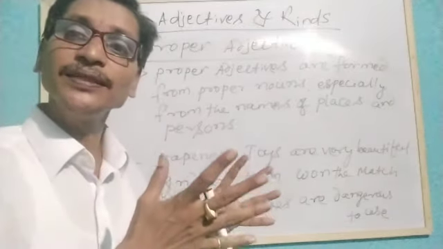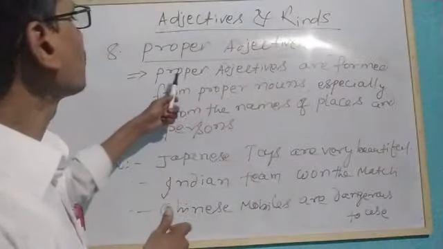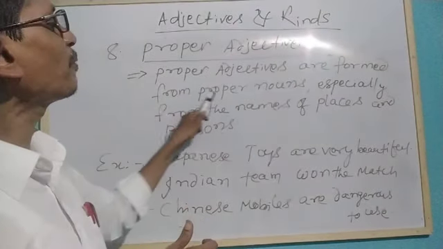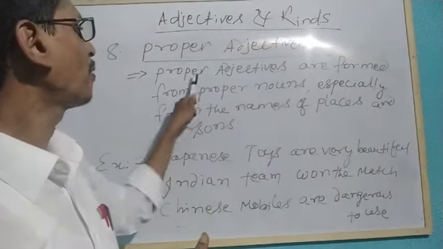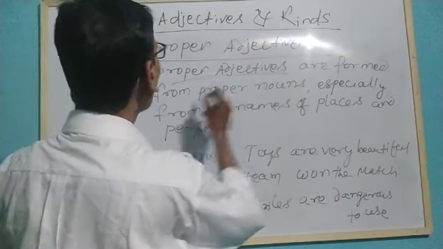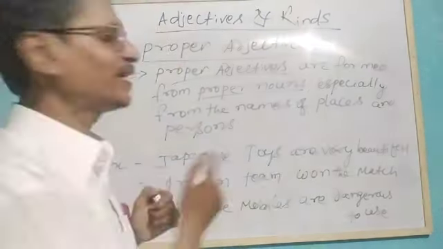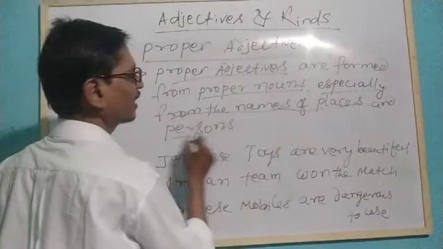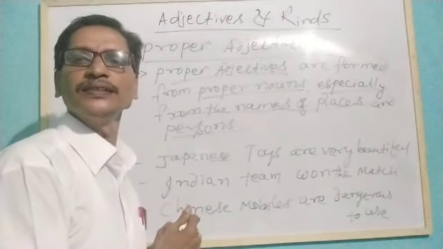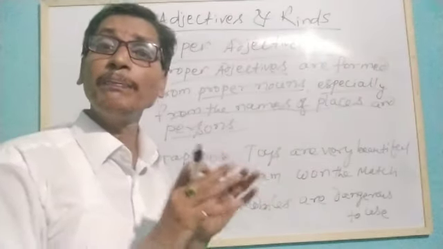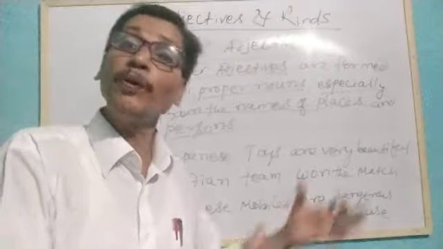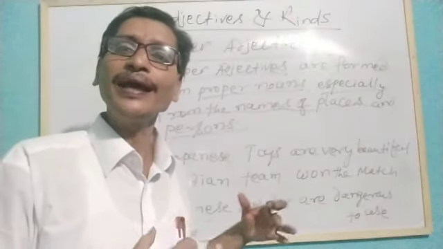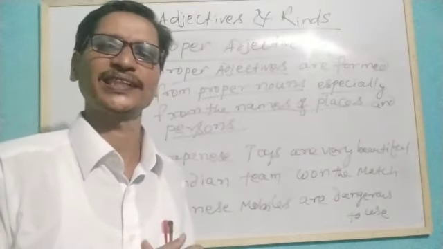What is the definition? Proper adjectives are formed from proper nouns, especially from the names of places and persons. So proper names used as adjectives before another noun, functioning as an adjective, are called proper adjectives.